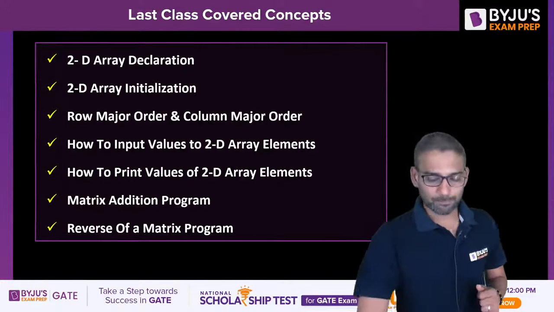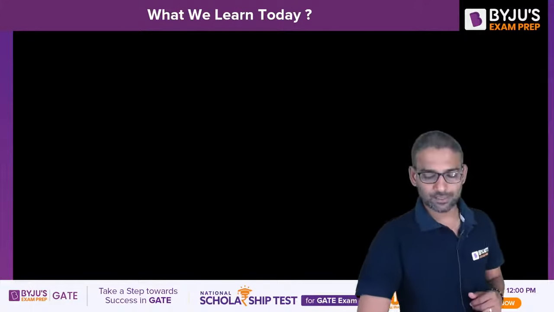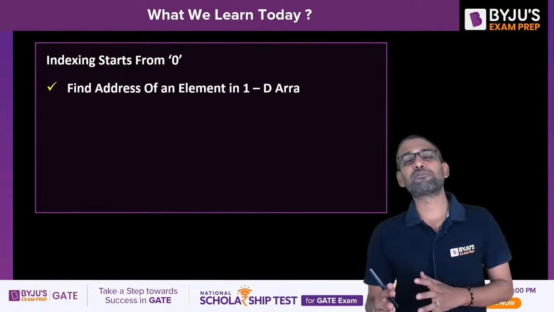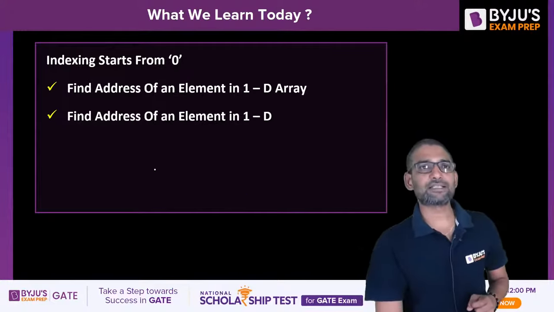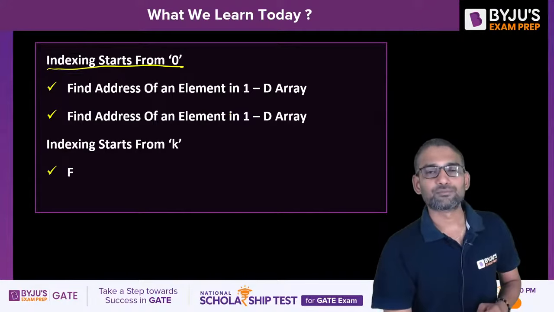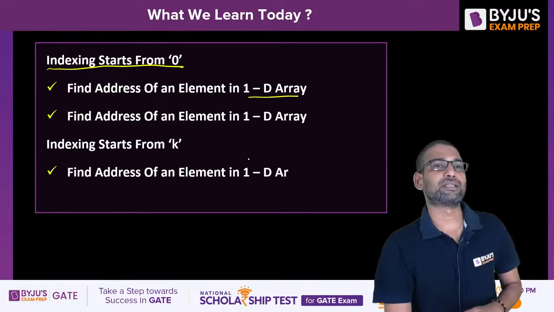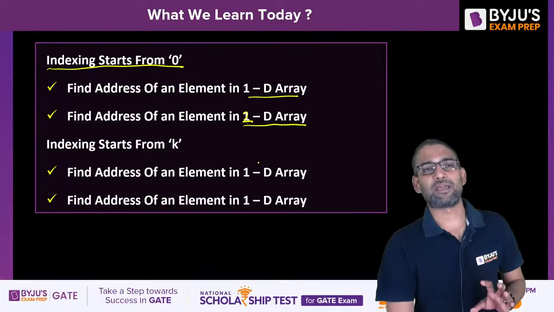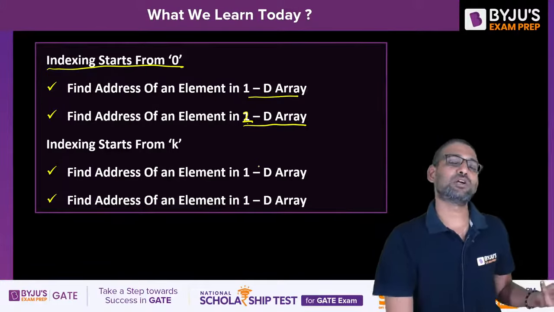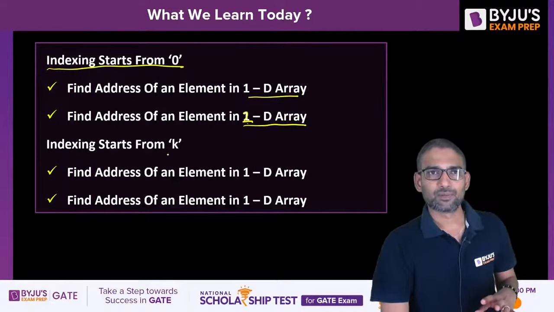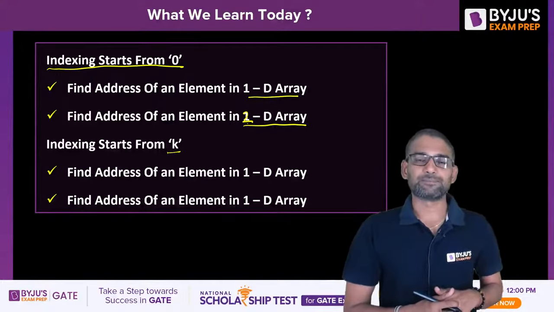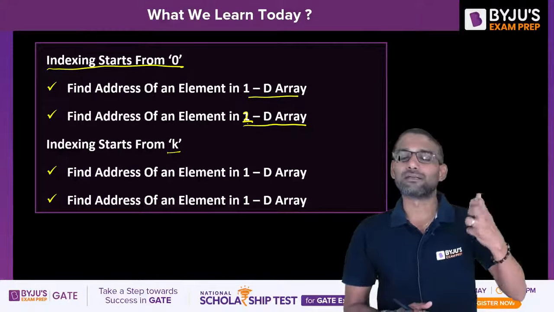So guys, today, as the topic suggests, we are going to learn how to find the address of an element if indexing starts from 0, for a 1D array and for a 2D array. In the same way, indexing need not always start from 0, because from the GATE questions point of view, the indexing can start from any other value.